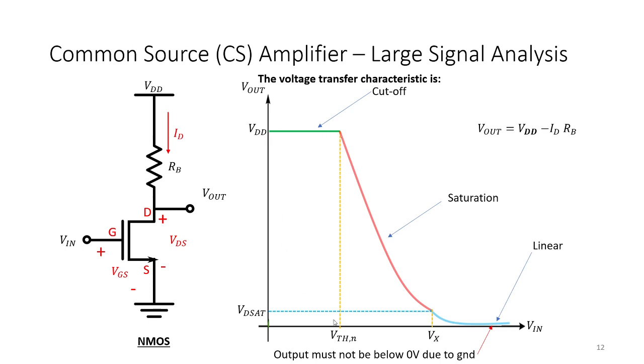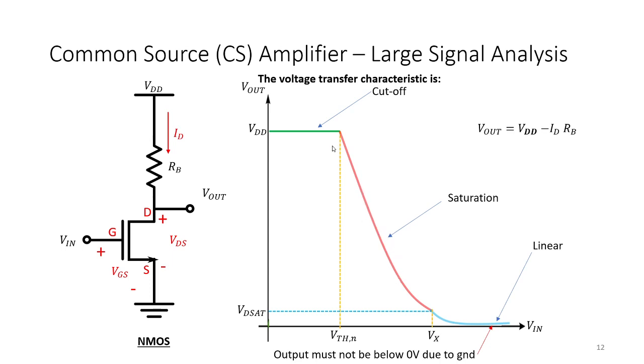And then, if we increase the value of V-in to be greater than VTH, the drain current is increasing. And remember, this will be in saturation because it started off from VDD and it goes down, and we expect that this will be greater than VDSAT.